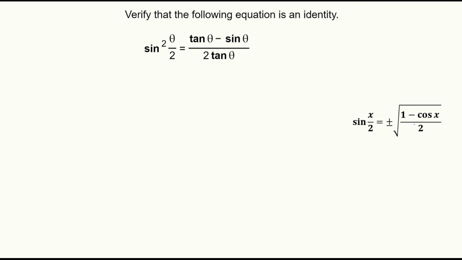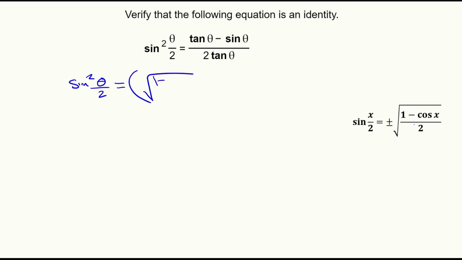So let's go ahead and start on the left side with sine squared of theta over 2. We can write plus or minus, but we don't need to because we're going to be squaring. So we might as well just write one of them.